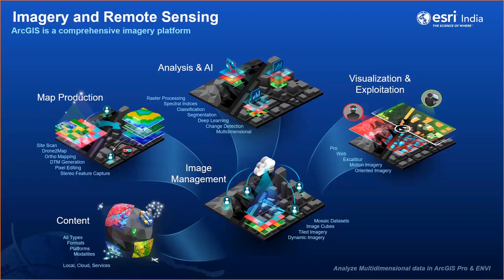Then we have visualization and exploration. These capabilities offer you a range of tools to enable interpretation of imagery, whether it's drone imagery, aerial imagery, or satellite imagery, or multidimensional rasters. As you might know, each year many satellites are launched, which cover the Earth, ocean, weather, different climate and temperature.